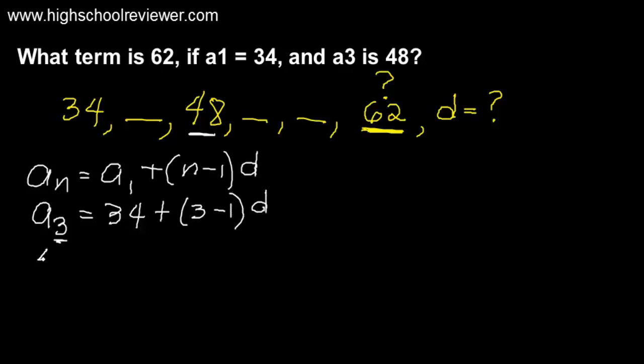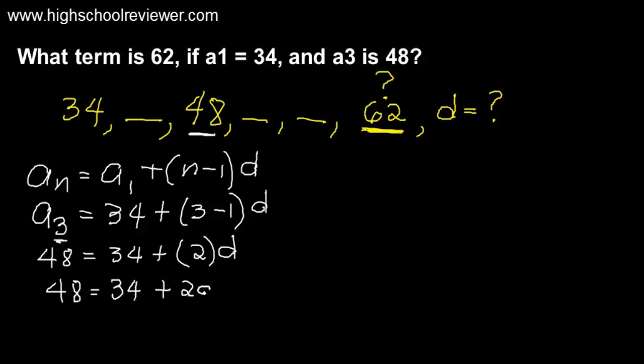Our a sub 3 is positive 48. This will be equal to 34 plus 3 minus 1, which is positive 2, multiplied by d. So 48 equals 34 plus 2d. To find d, we need to transpose positive 34 to the other side.